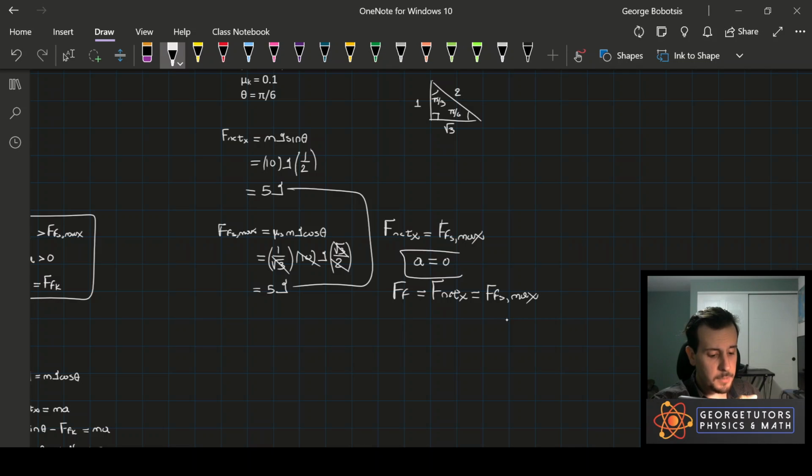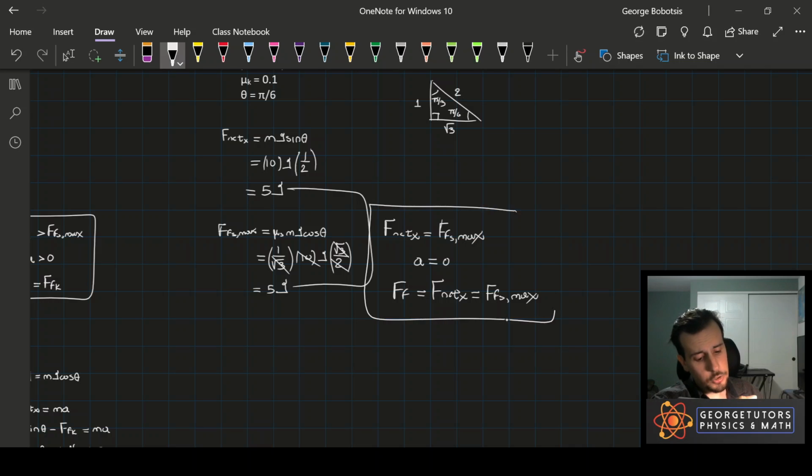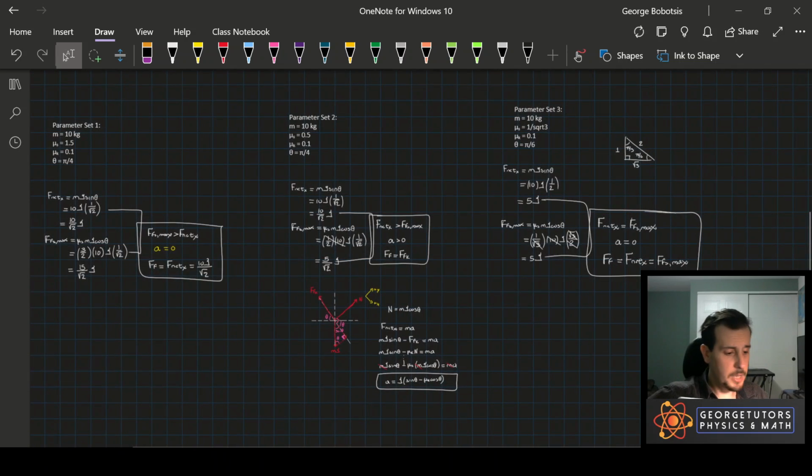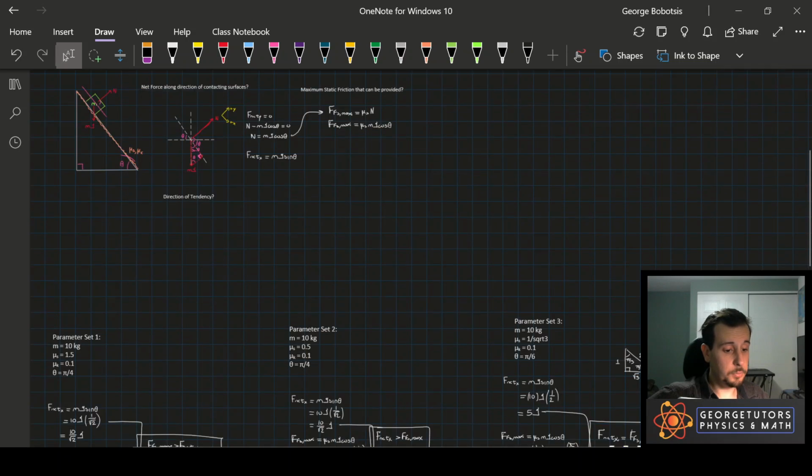So you don't move, and the friction that is acting on the box, if you were to answer that question, is equal to f net x or f_s max. So you can see, three very different scenarios about what's going to happen if we have certain values for the parameters that we put on this simple incline problem.